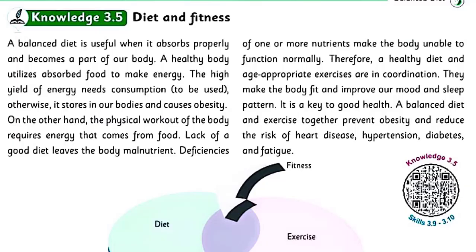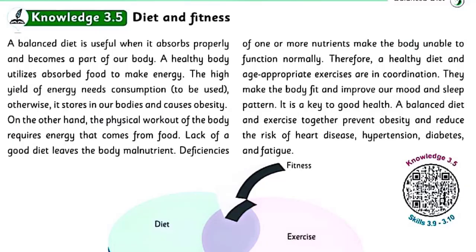On the other hand, the physical workout of the body requires energy that comes from food. Lack of a good diet leaves the body malnourished. Deficiencies of one or more nutrients make the body unable to function normally.